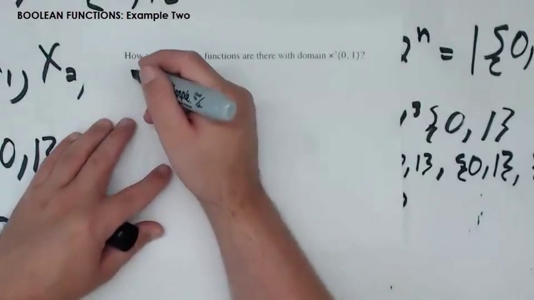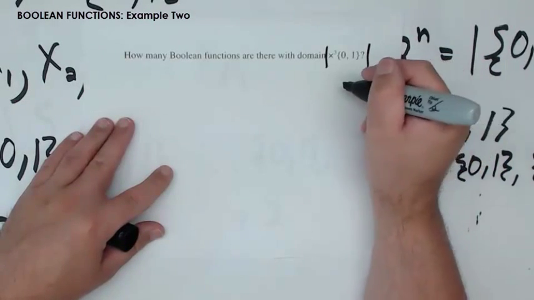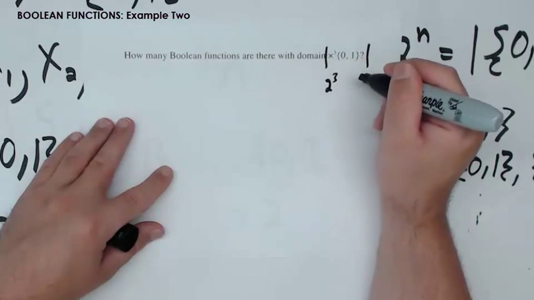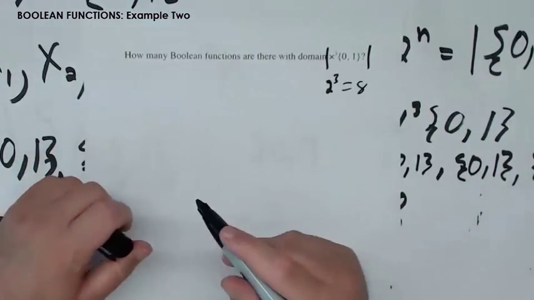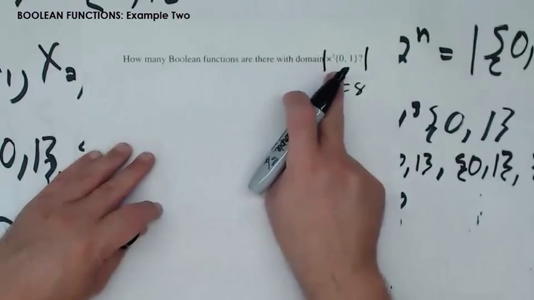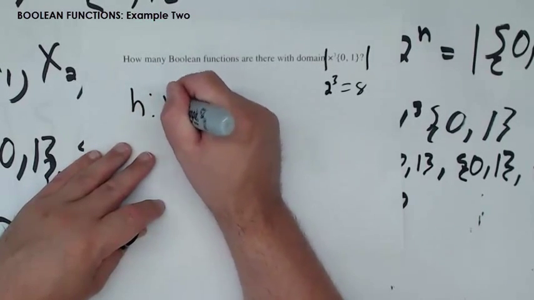Well, we know that the cardinality of that is 2 to the 3, which is 8. We're just going to write 2 to the 3. And when we say a Boolean function with that domain, remember this syntax.